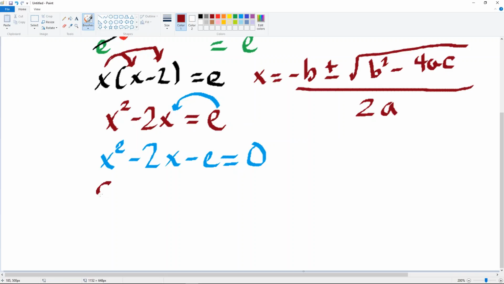Okay? Because it's in this form, ax squared plus bx plus c equals 0. Because what is c? In the quadratic equation, what does c represent? A constant. The constant? Yeah, constant.